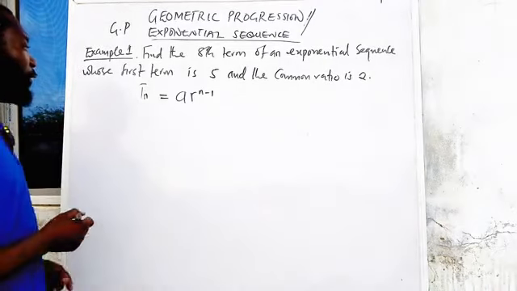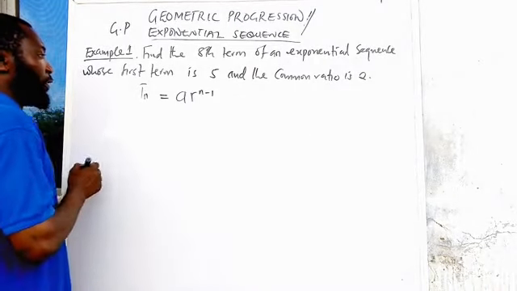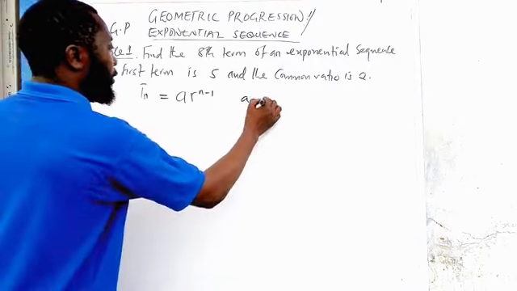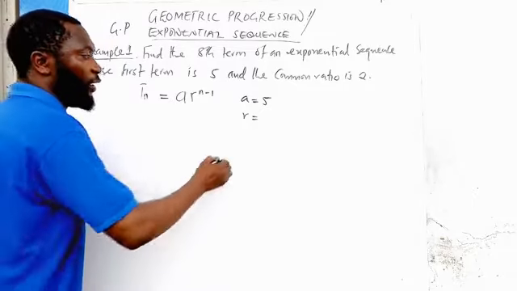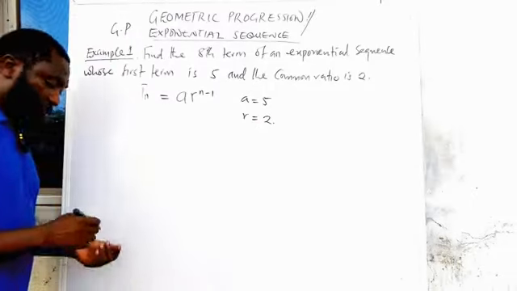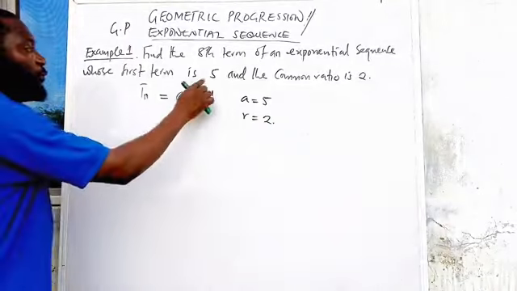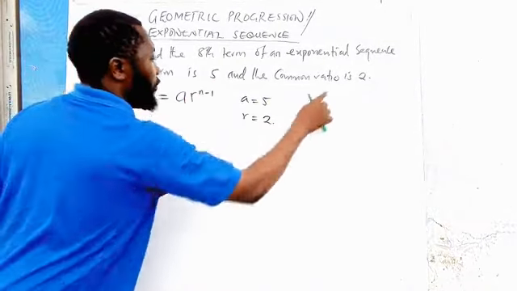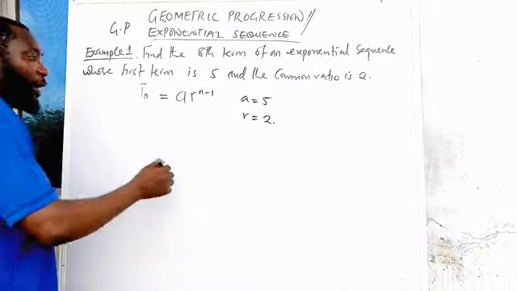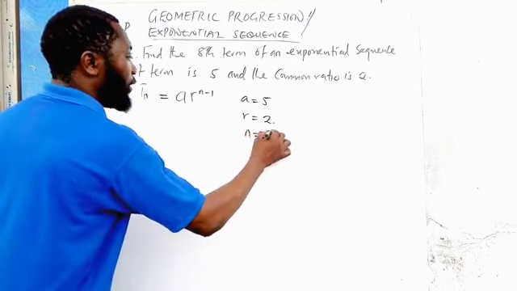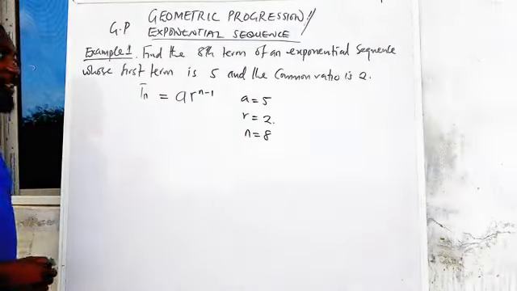In this question, we are given the first term of the sequence. Our a equals 5. The common ratio is 2. So first term is 5, common ratio is 2. The question says find the 8th term. It means our n is 8. So we are looking for T8.